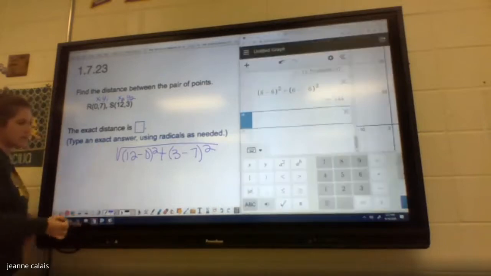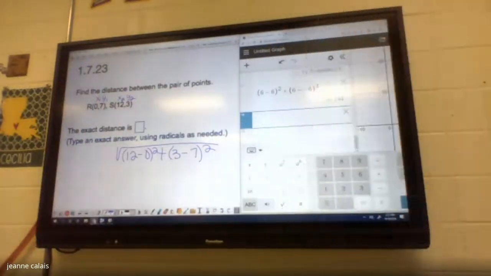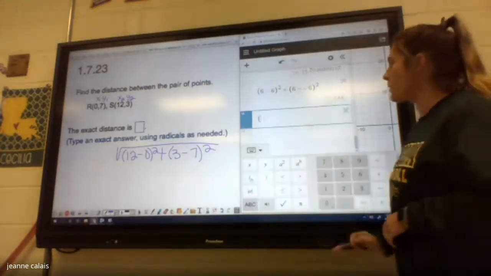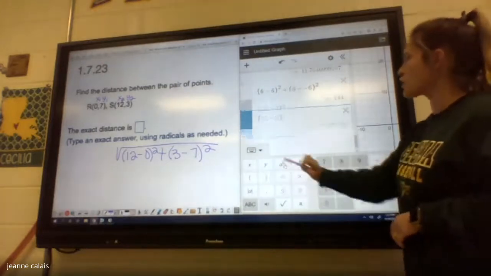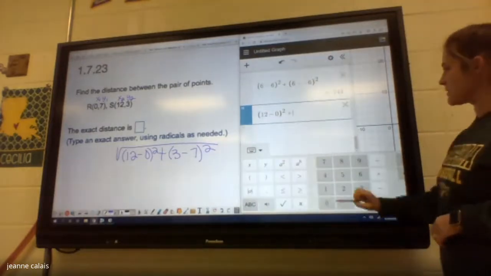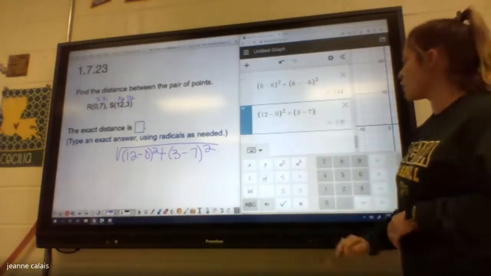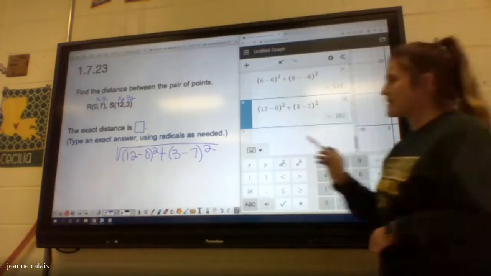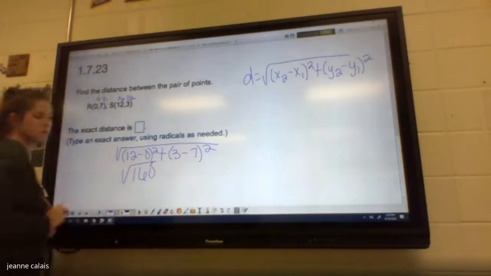Okay, I've seen too many times mistakes happen where they type it in incorrectly into their calculator, and so then they get the wrong answer. Open parentheses, 12 minus 0, close, squared, plus, open, 3 minus 7, close, squared. Okay, 160. That's what goes underneath the square root.